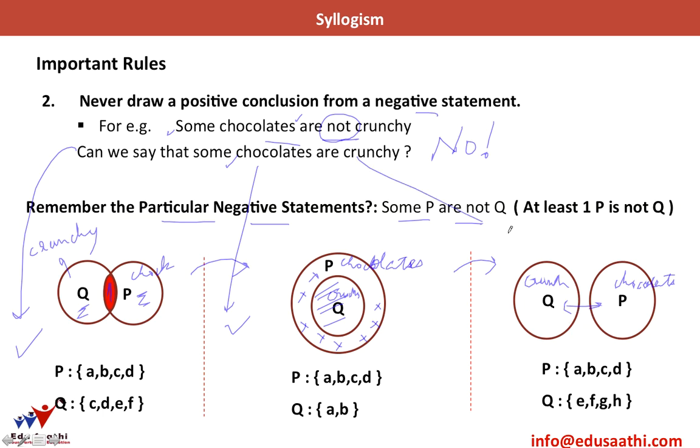So here I cannot say that some chocolates are crunchy. So even if the conclusion fails one of the tests or one of the possibilities, it is not a valid conclusion. So therefore, what we remember is never draw a positive conclusion from a negative statement.